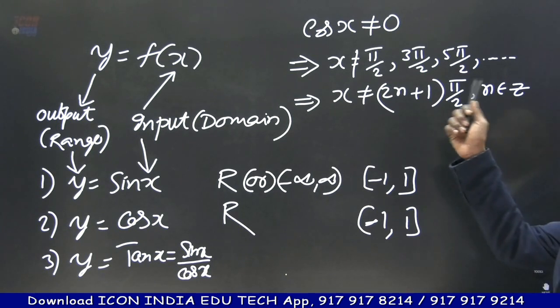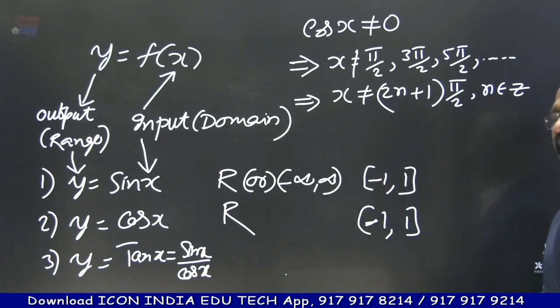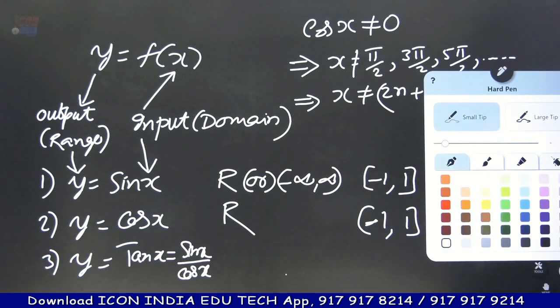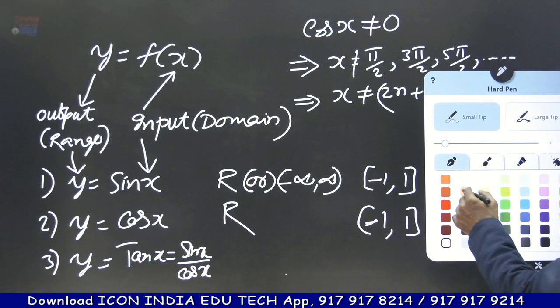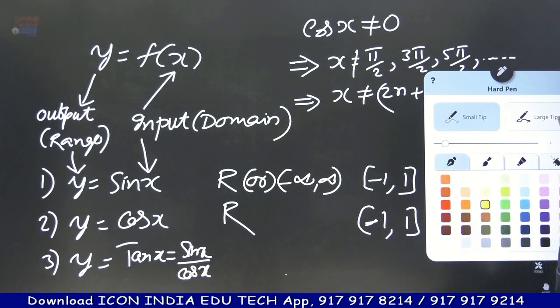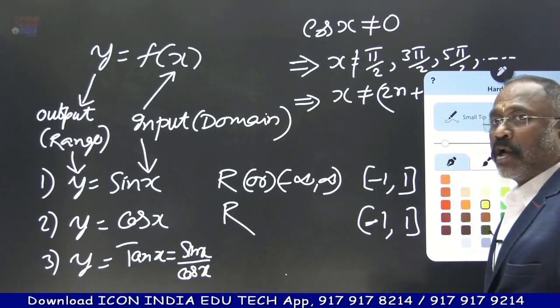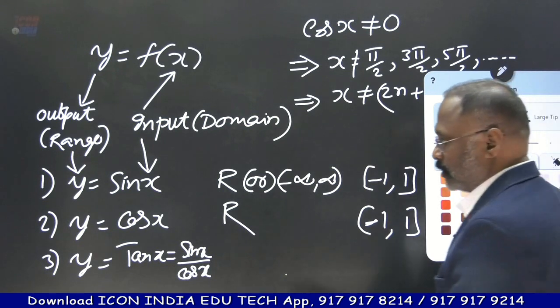So the tan function accepts every real number except those values, and hence you should not give those values to x that are not acceptable to the function.